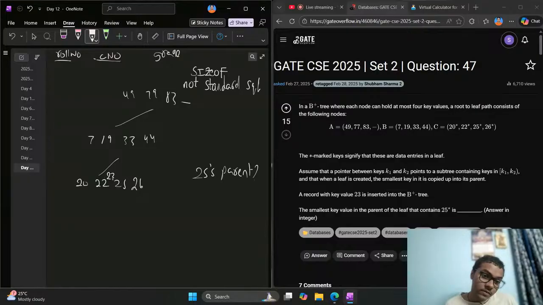So it causes an overflow, obviously, and it will be split. How do you split it? Do you split it into two parts?